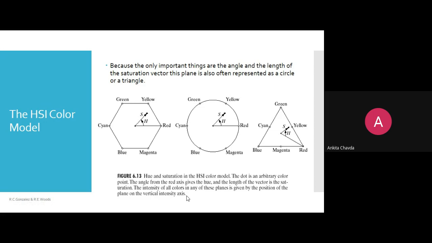You have to remember, all horizontal planes are perpendicular to your intensity. Vertical would be your intensity, all the other planes are your RGB, as horizontal. So if you go up and up at any point, you can see that intensity is very high.